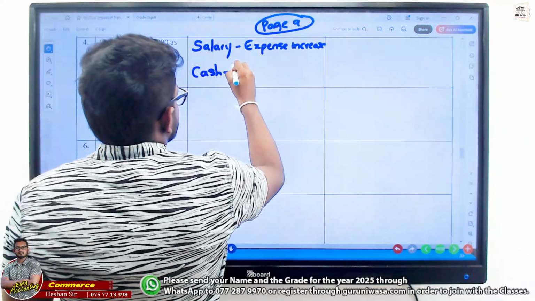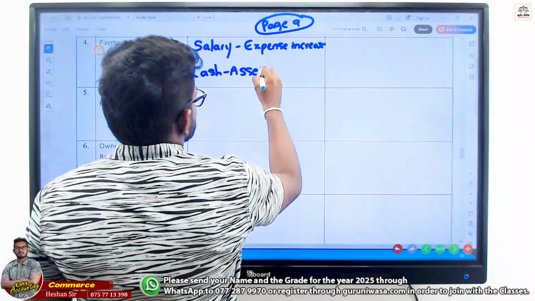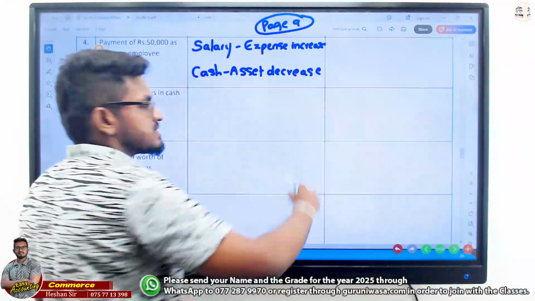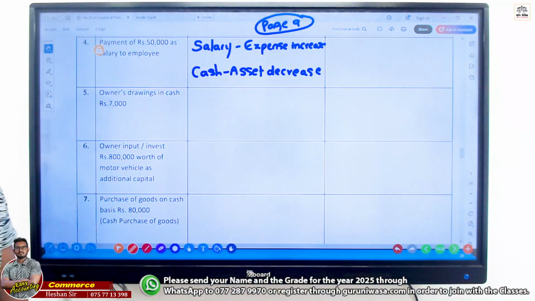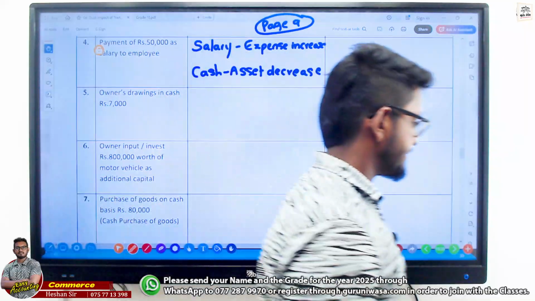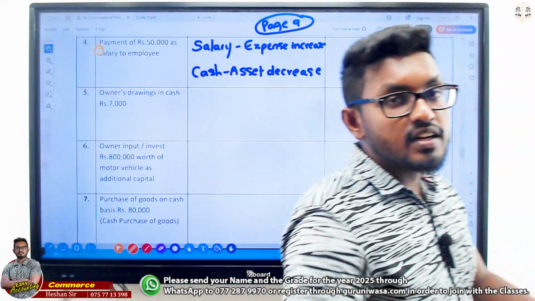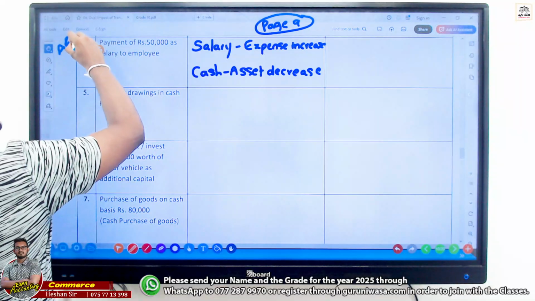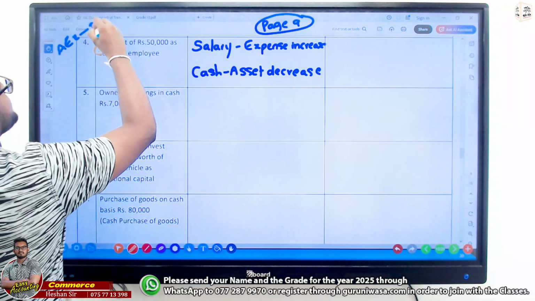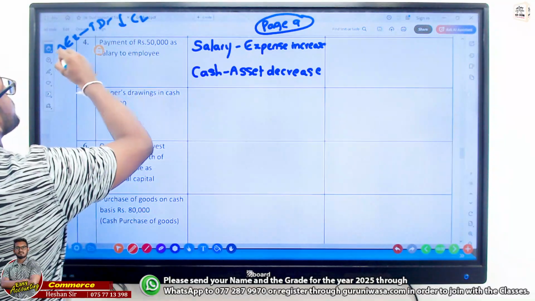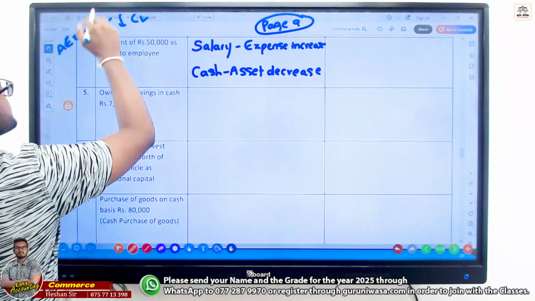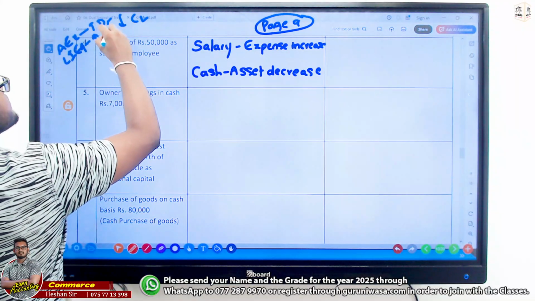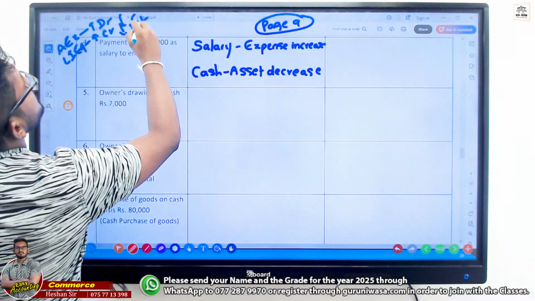Salary expense increase, cash asset decrease. Right. Now you can develop the double entry every time. Just remember, I always say E for expense: increase debit, decrease credit. I told you the first letters of the alphabet, increase debit. Liabilities increase credit, decrease debit.